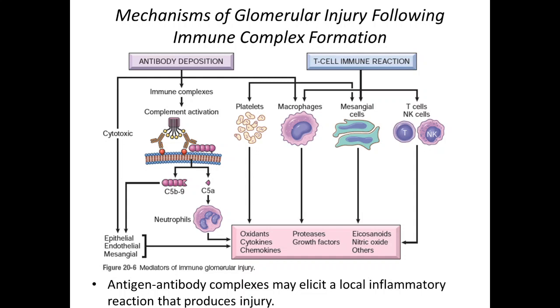This reaction continues with epithelial, endothelial, and mesangial transformation, and of course the antigen-antibody complexes may lead to the local inflammatory reaction, and next to the injury of the glomeruli.